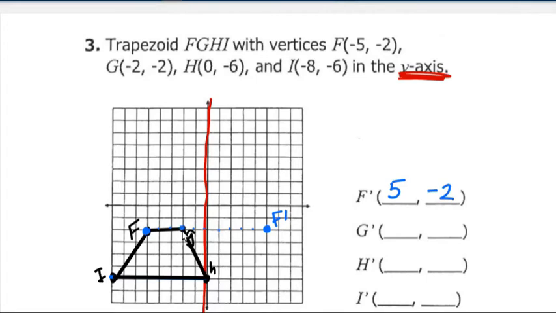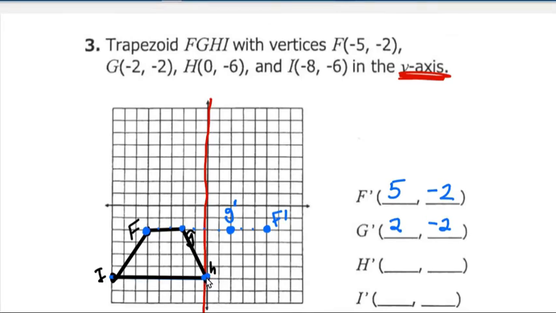So G is 2 units from the line of reflection. So G prime will be 2 units from the line of reflection. So that's going to be 2, -2. H, when you have a point that's on the line of reflection, it's 0 units away.